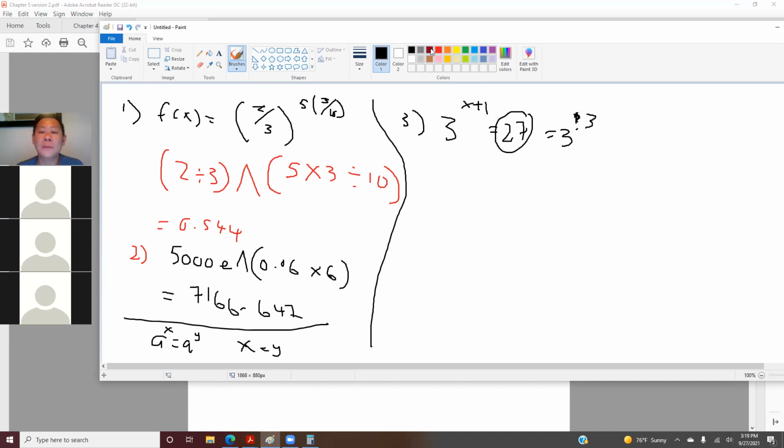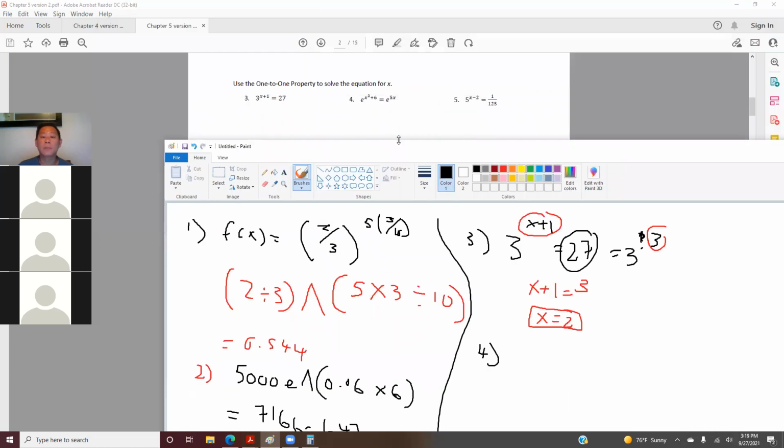Now the base is the same, so you just solve your exponents: x plus 1 on this side and 3 on that side, and you solve for x. So x in this case is 2. This is what we call the one-to-one property: as long as you have the same base, your exponents will be equal.